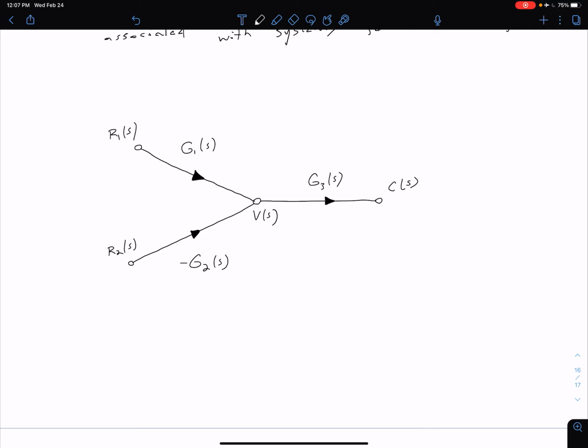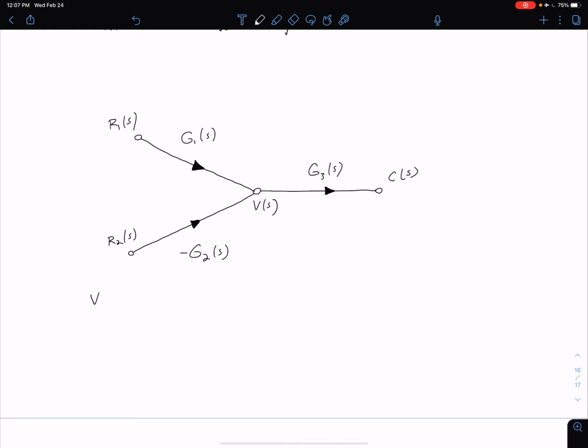If we wanted to write an expression for this system, we could say V of S is equal to R1 of S times G1 of S minus R2 of S times G2 of S. Anything that comes into this point, we're just going to sum it. And then of course, going from V to C is pretty straightforward. We can just say our C of S is equal to V of S times G3 of S.